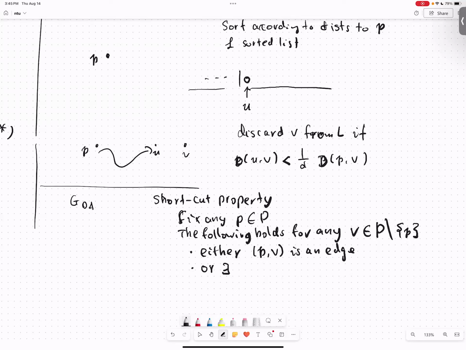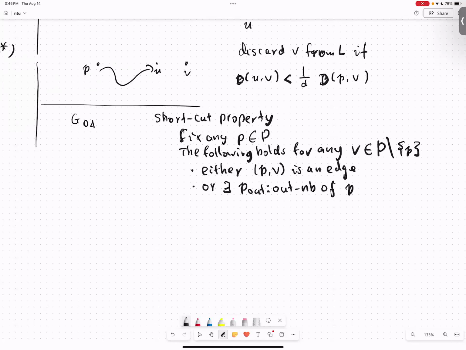there exists an out neighbor of P, P_out, and this out neighbor serves as the shortcut, such that the distance from P_out to V is less than 1 over alpha times the distance from P to V. Let me make sense of this for you.